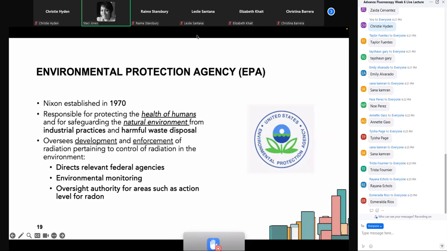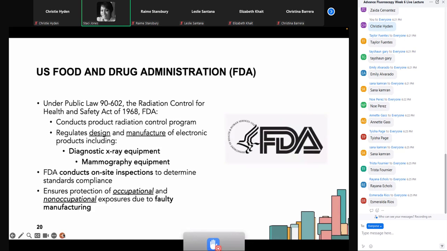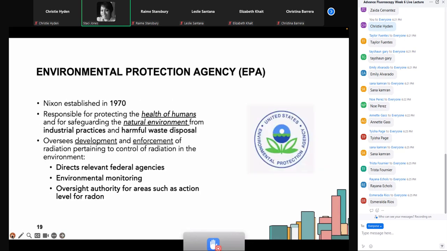They oversee the development and enforcement of radiation control in the environment, with environmental monitoring and oversight authority for areas such as action levels of radon. So in the bigger picture, they deal with outside radiation, environmental radiation, not necessarily medical radiation.